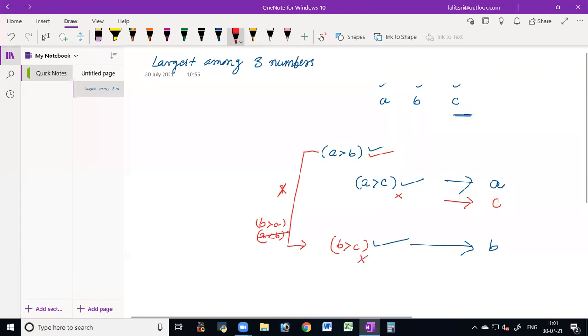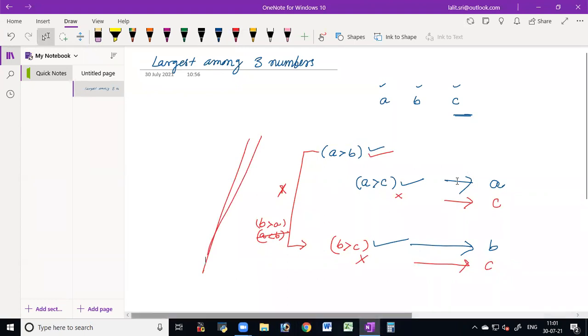That means B is greater than A but not greater than C. So which one is the greatest? C. Very good. So this is the complete process. If you can write all these steps in a systematic way, then you can write the algorithm.